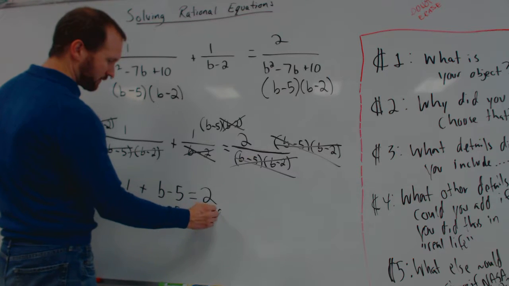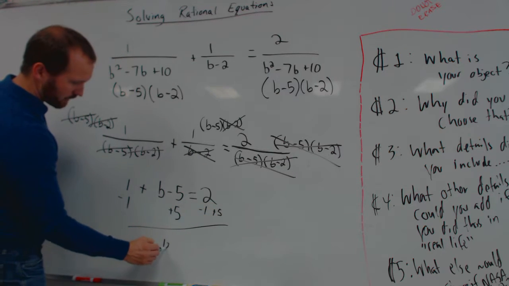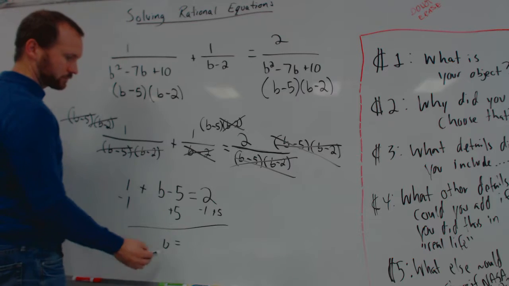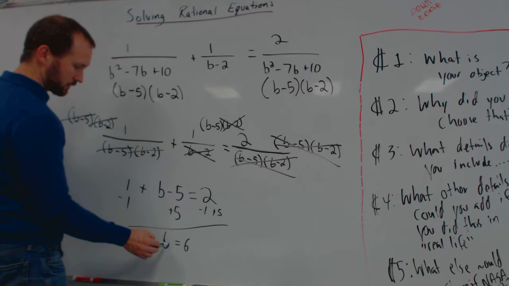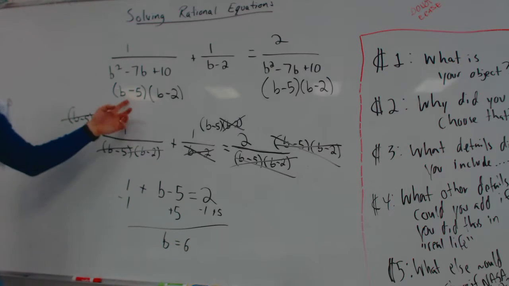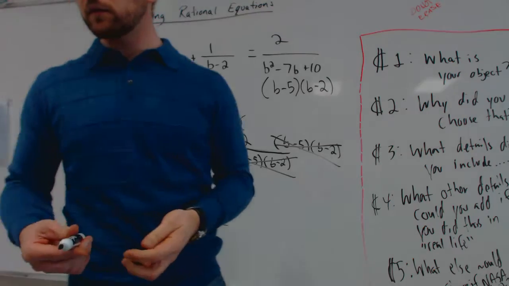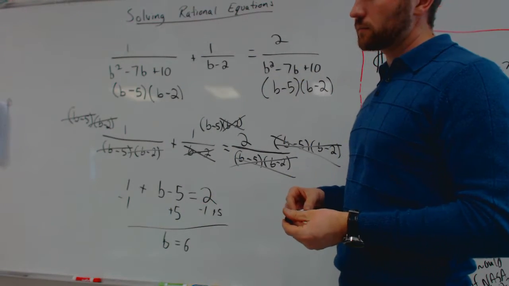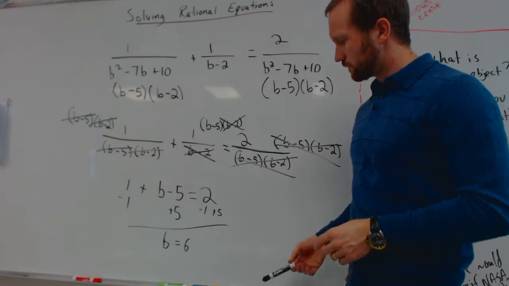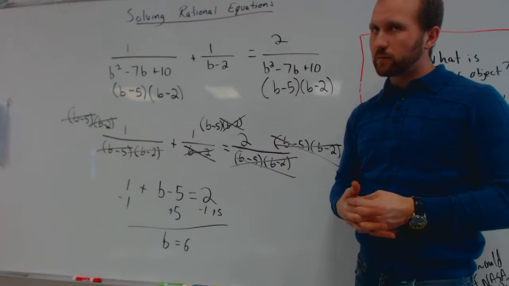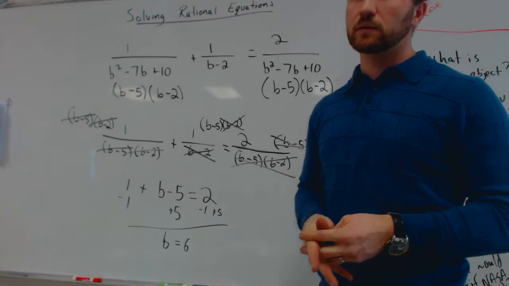Minus 1 plus 5, and I find that b equals 6. Would 6 make this denominator go to 0? No, it wouldn't. So b equals 6.